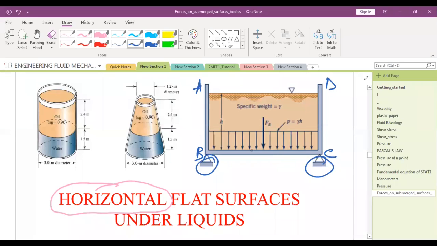My question is, which surface is the horizontal surface that is submerged in the liquid?